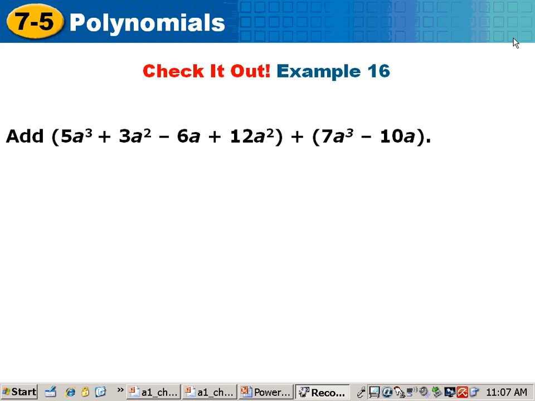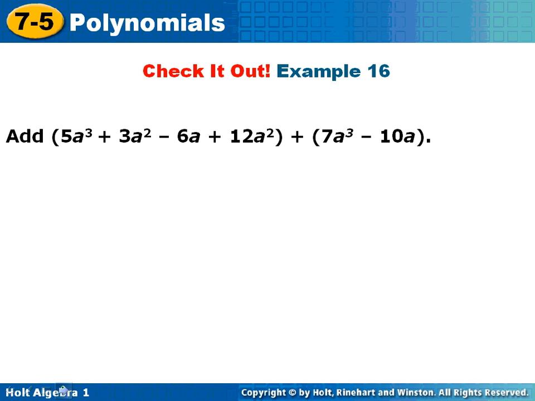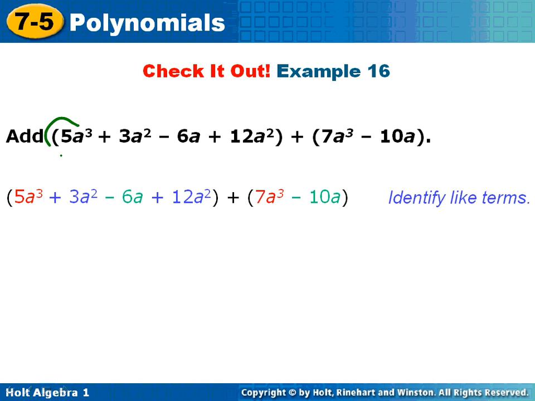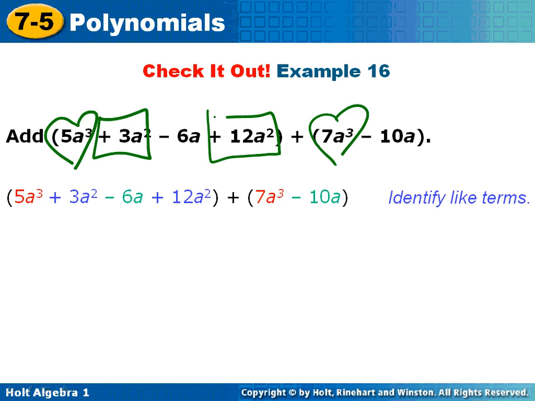Okay, now on to example 16. Notice these are getting much more difficult and more complicated based on the exponents. First thing you have to do, as always, is to identify your like terms. Now, our like terms are going to be our 5a to the third and 7a to the third, the 3a squared with 12a squared, and we have a minus 6a and a minus 10a.